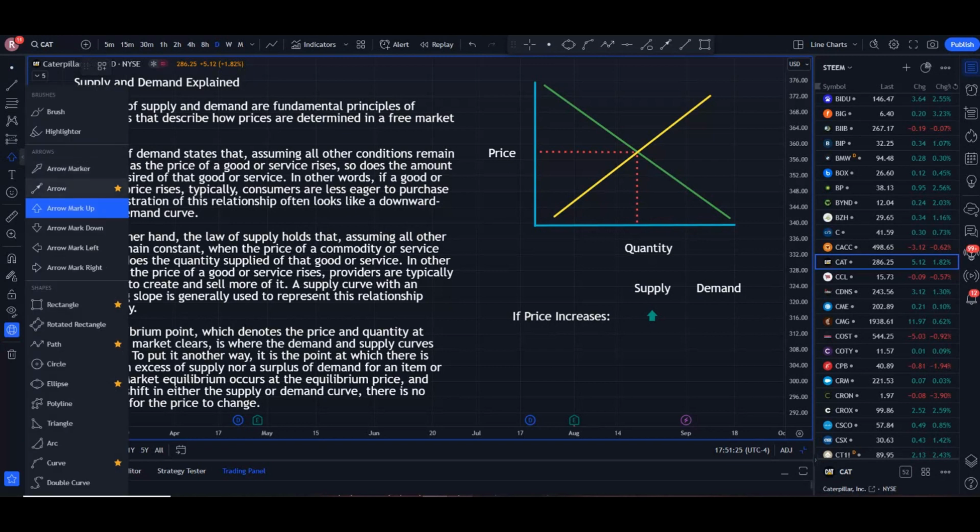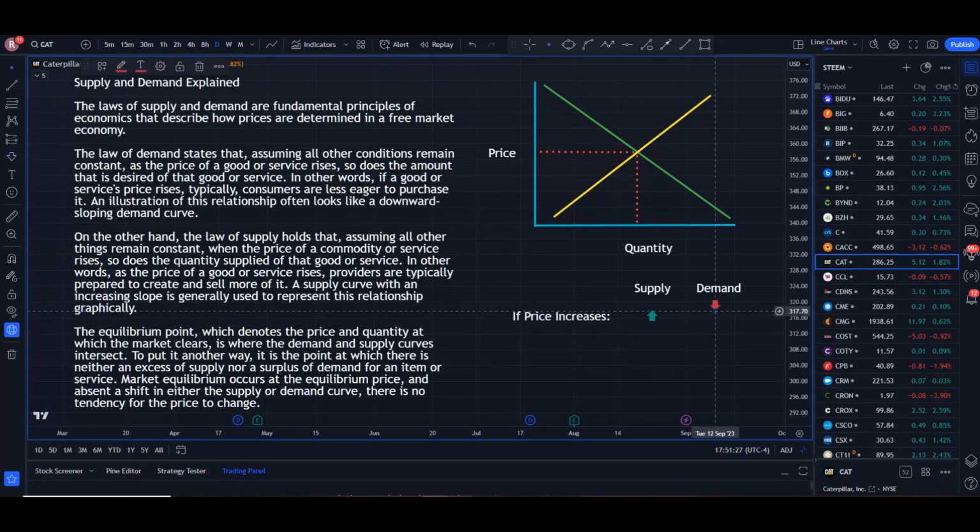So if price increases, supply is going to go up, right? Because you want to make some money while the prices are high. However, demand's going to go down because I don't want to pay wholesale prices for that same item that I got cheaper the previous week.